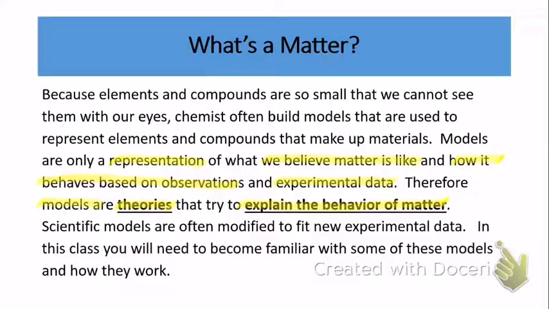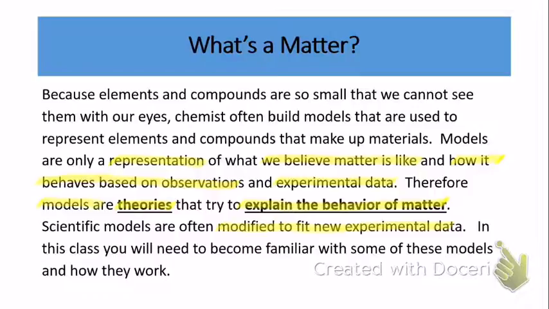Scientists have been building models forever, and all they are is theories to explain the behavior of matter or how something works. Now, this is also very important here: scientists often use models, and the models are often modified to fit new experimental data.